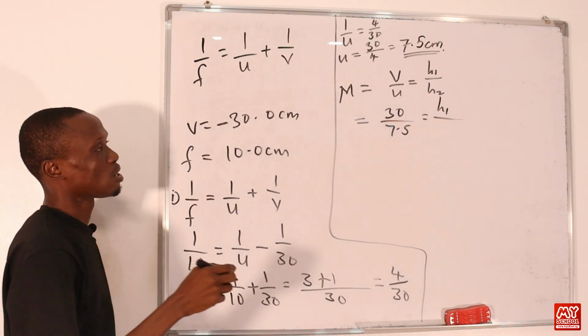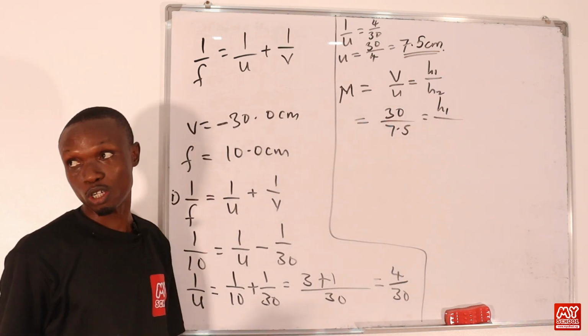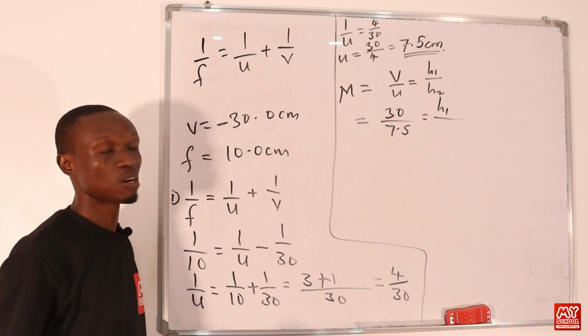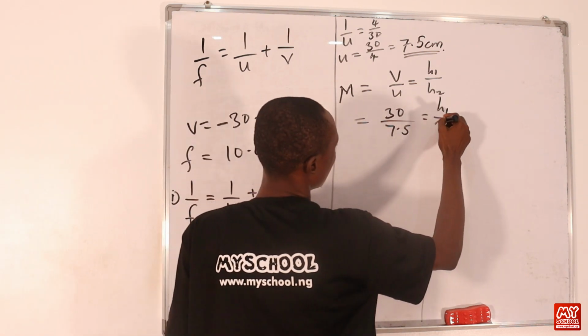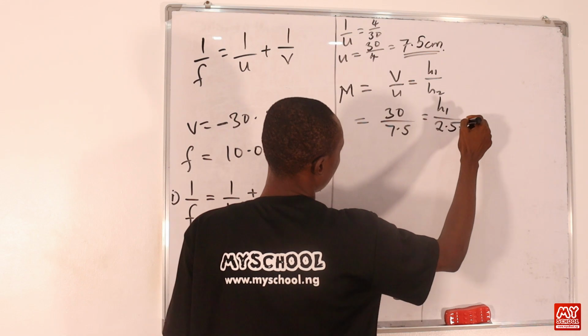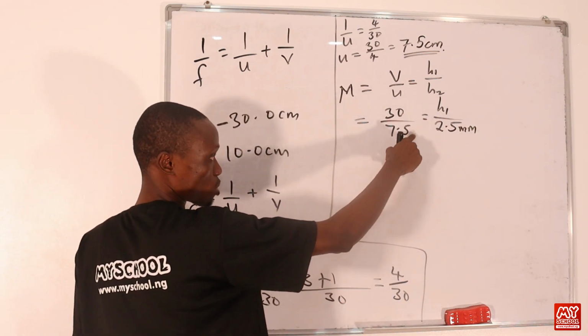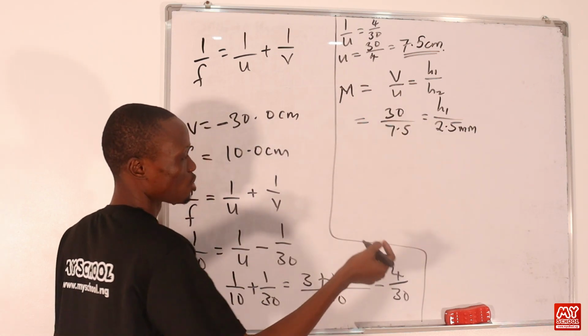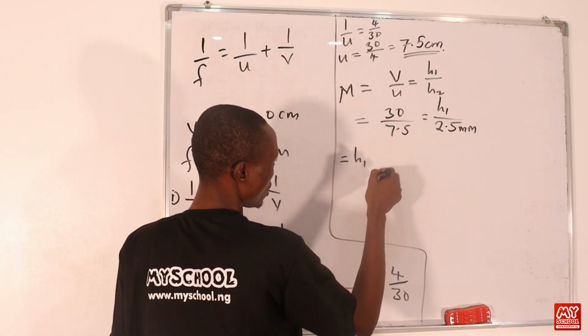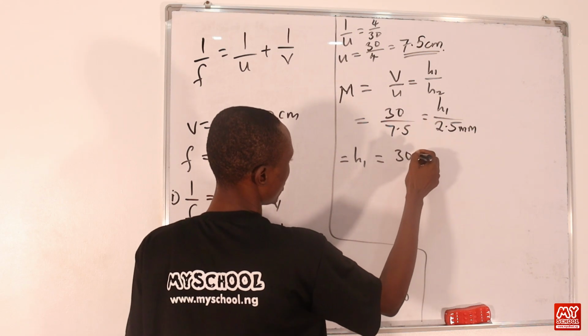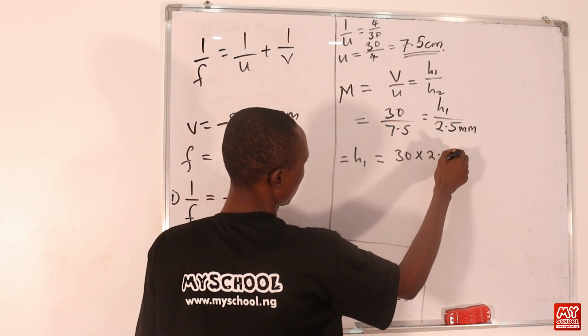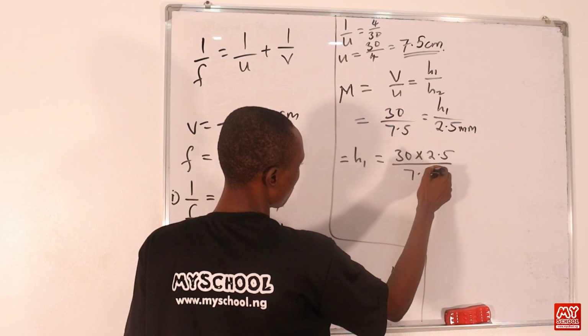Now remember that the object height was given to us in the question to be equals to 2.5 millimeter. Okay, so we'll put 2.5 here. Now remember that here we have centimeter, we also have centimeter here, so they will cancel out. So at the end of the day, H1 is equals to 30 times 2.5 divided by 7.5, right?